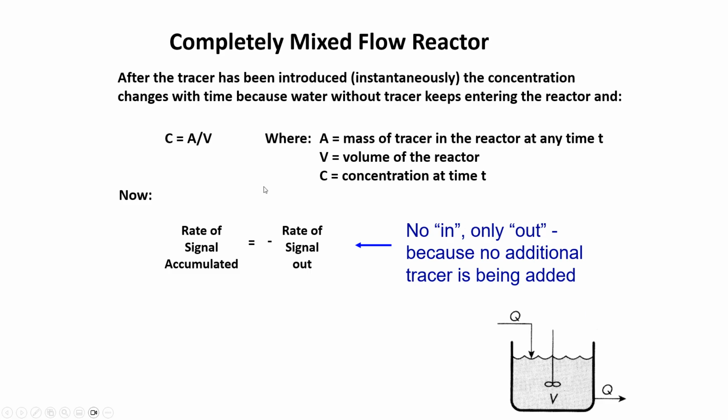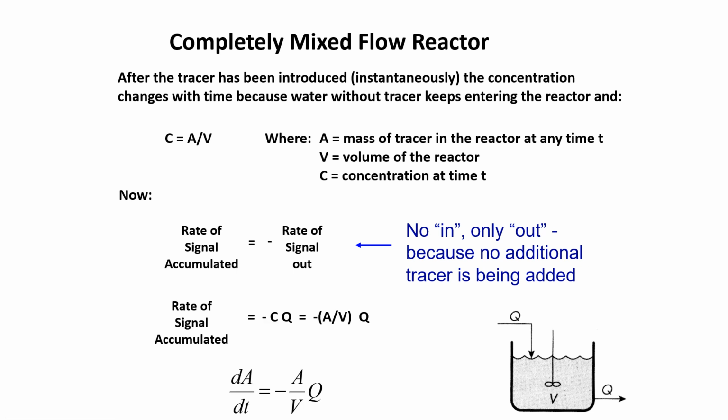So we have no in, and we have the rate that the signal is going out, if we're thinking about this in terms of mass balance. So we could say that the change in amount over time is the amount divided by the volume times the flow rate, with a decrease there, so a negative sign.